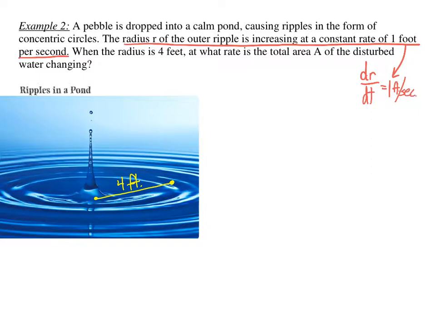Okay? And r is equal to 4. Well, r will be equal to 4 at the moment we care about. R is constantly changing, right? Because the ripple is getting further and further out. All right? So, it says when the radius is 4 feet, at what rate is the total area of the disturbed water changing? So here's another rate.